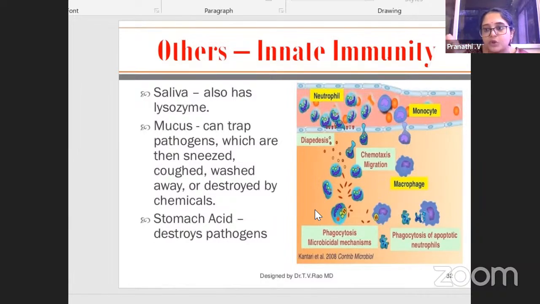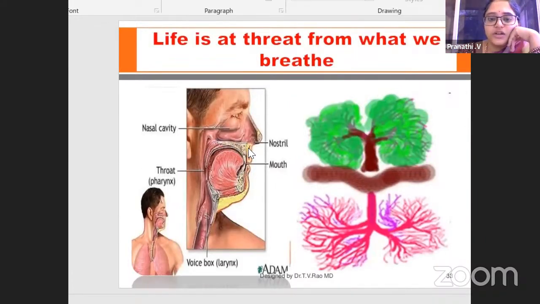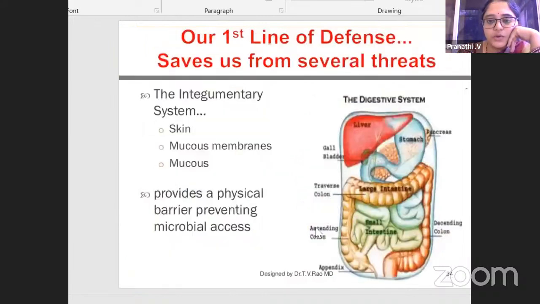Mucus traps pathogens. When you sneeze, it comes out, washed away, and all the chemicals get destroyed. Stomach acid destroys pathogens; pH is 1 to 1.5. So that's it, from the nostrils to the inside.